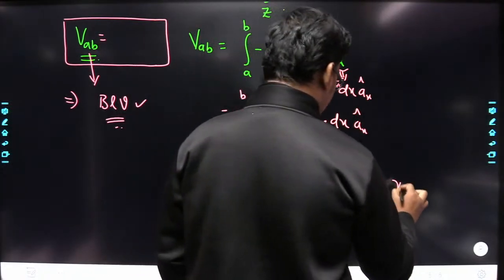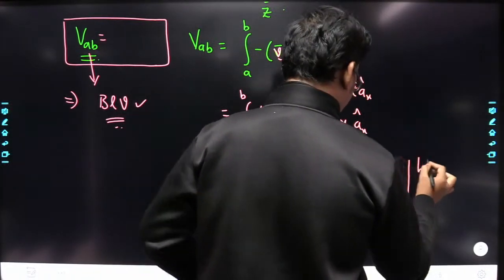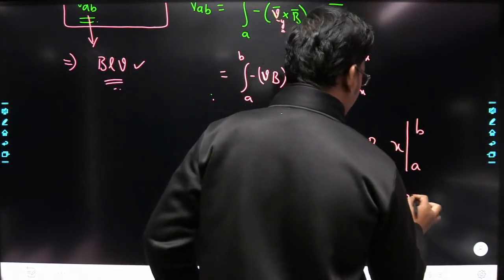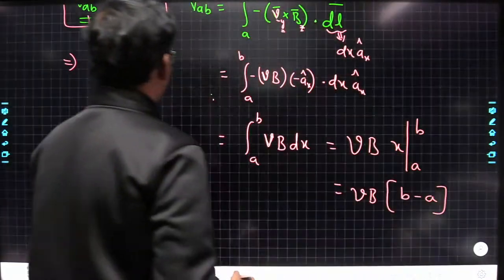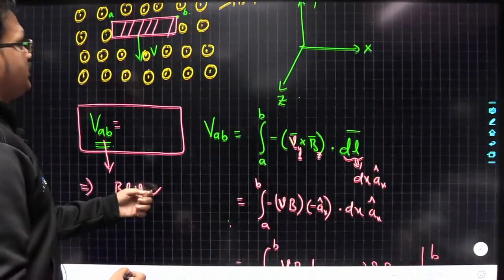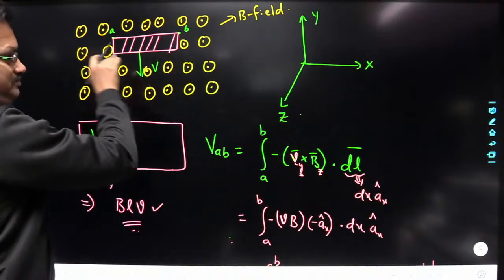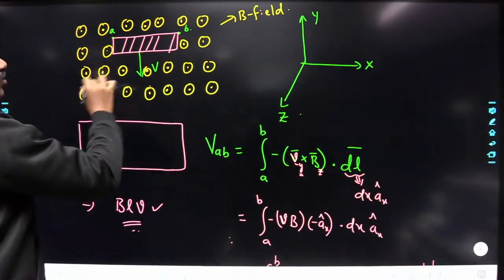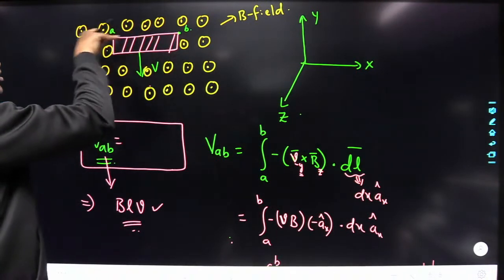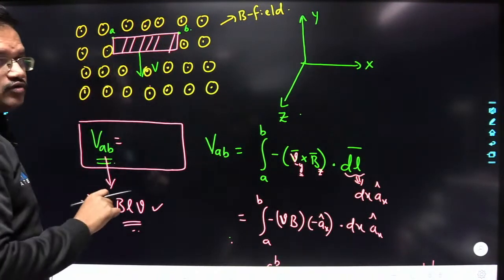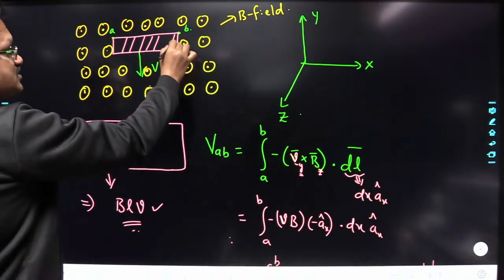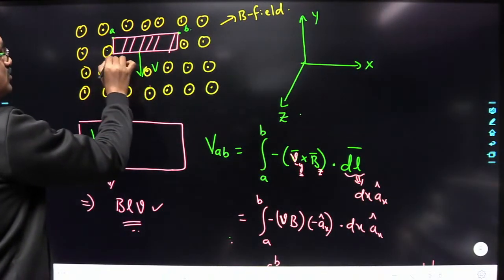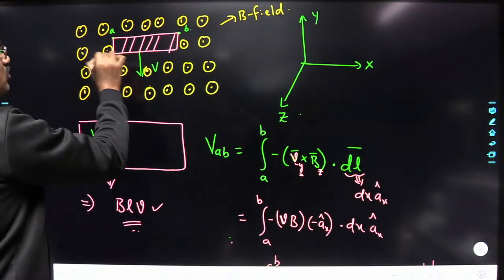So this is equal to v into b, and the integral of dx is x from a to b, so that is v into b into (b minus a). A is at this location and B is at this location. As you move along this direction, the length increases.